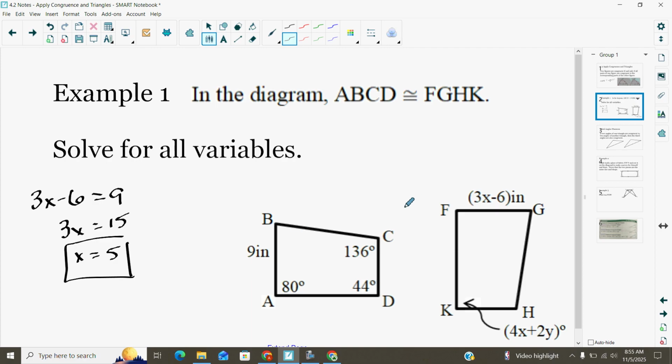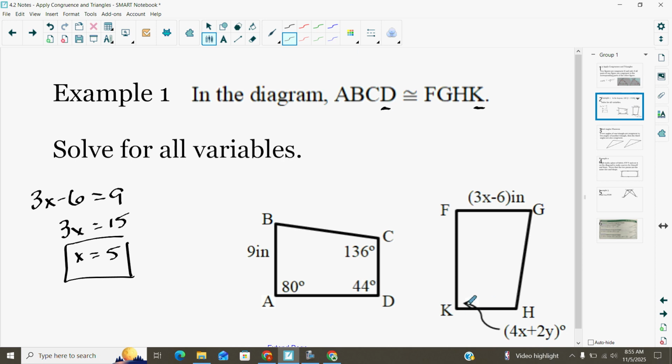We have solved for one of the variables. Angle K is the one down here at the bottom left. And remember, this does not necessarily correspond with the bottom left here. Notice this one's been rotated. We would have to rotate it back in order to see where it goes. Or probably the best way to do it is to notice that K is last when we're listing out our congruence statement up here.